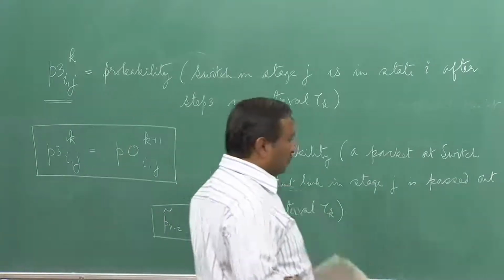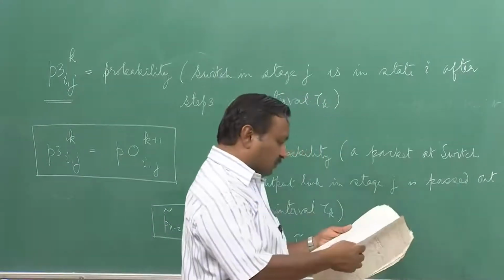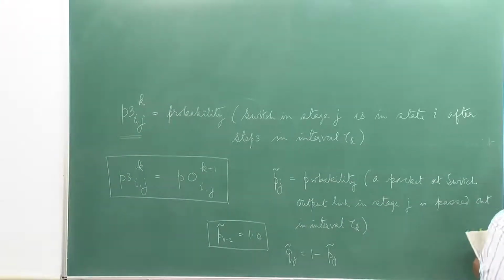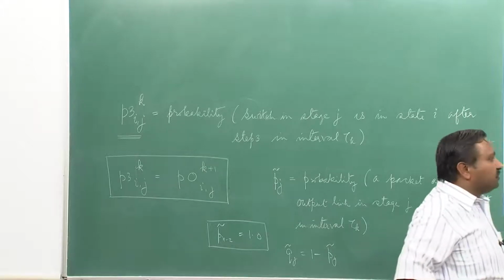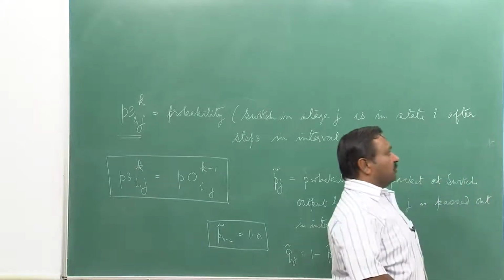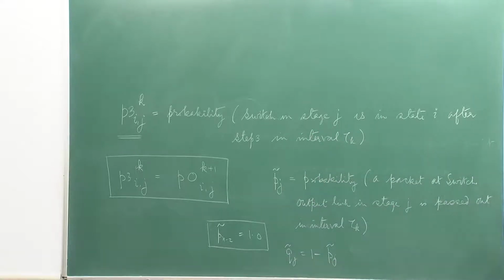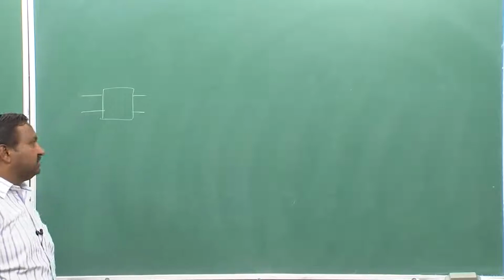So we need to look into the states now. Let me list down all the states. We will derive all possible states which can exist in a 2 by 2 switch. The switch has 2 outgoing ports and 2 incoming ports, and packets can be stored at input as well as output buffers. The output buffers are the input buffers of the next stage switches.